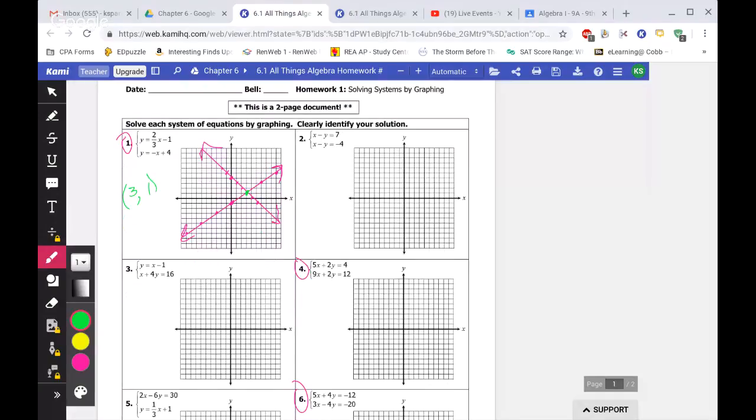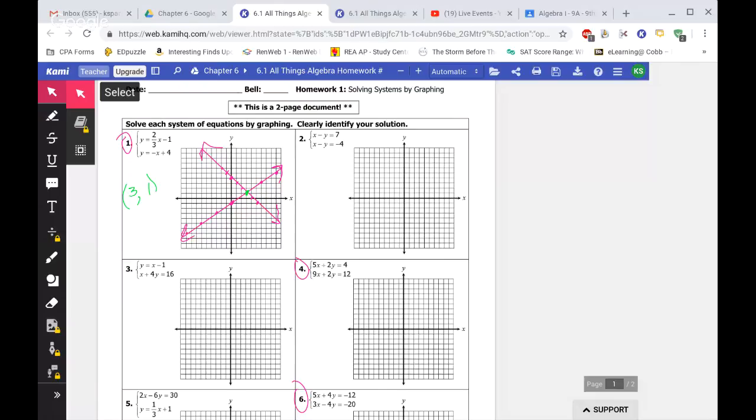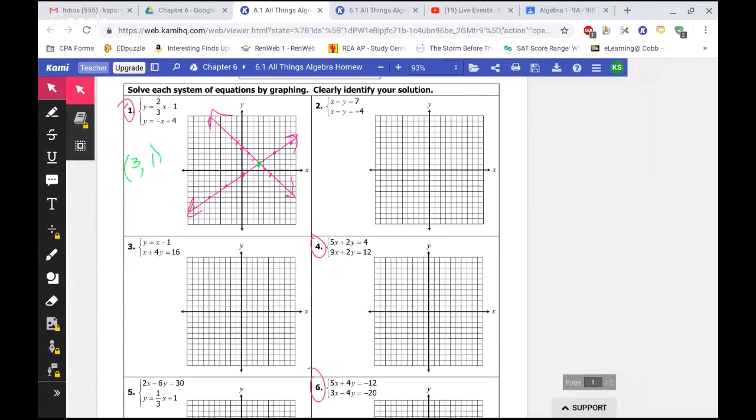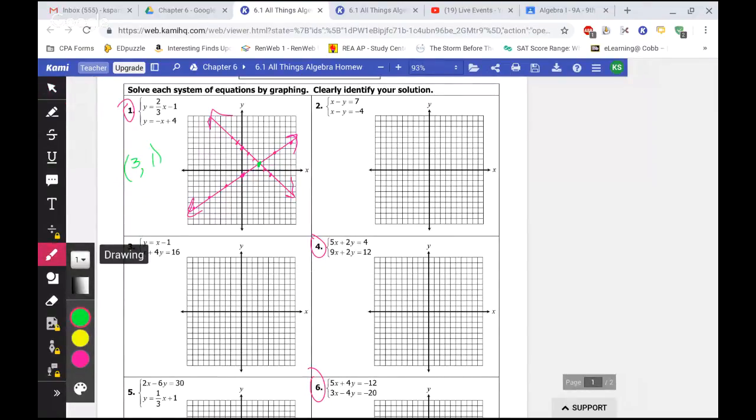Okay, on number 2. Number 4. Let's go to number 4. You have to put it in slope intercept form. So I'm going to start with, I got to subtract 5x from both sides.